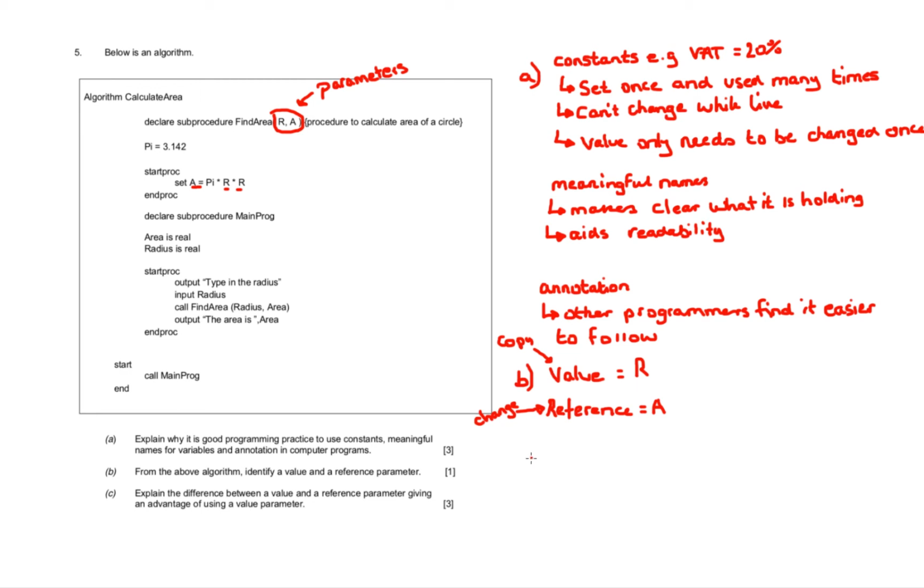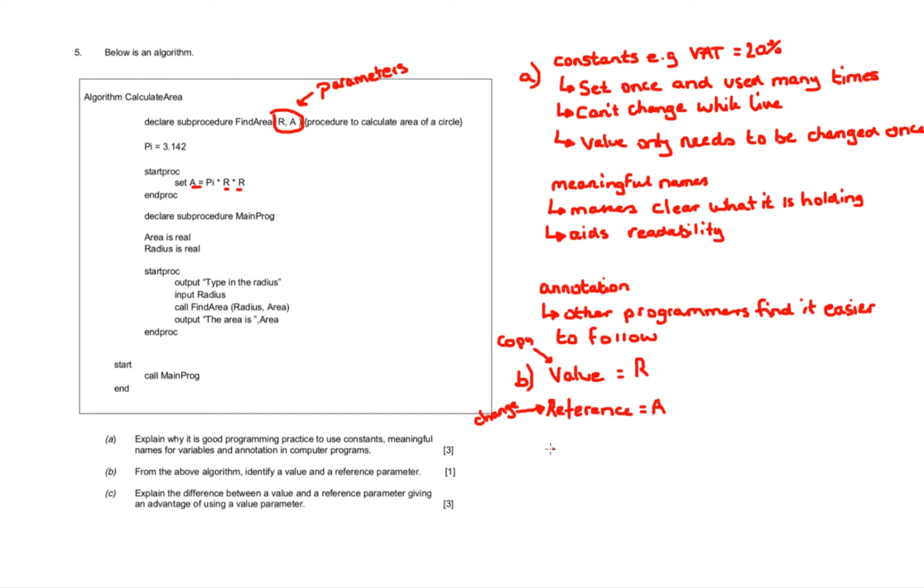Well, the value one is R because it's being used and it's not being changed. A is the reference parameter because it is being assigned using the equal sign pi r squared. So A has to change and R is only used. That makes R our value parameter and A our reference parameter.